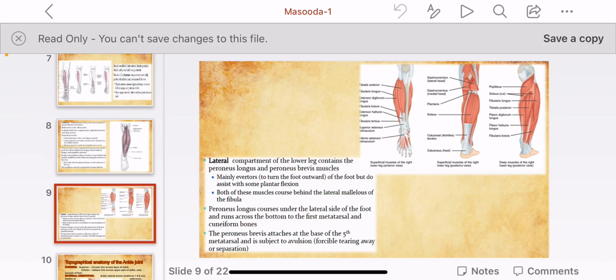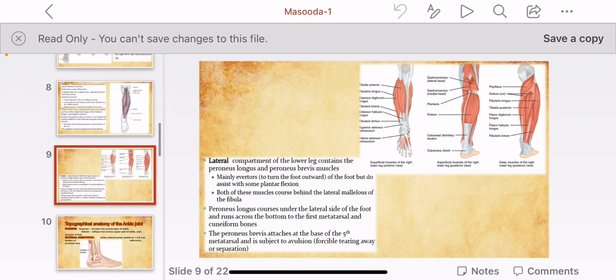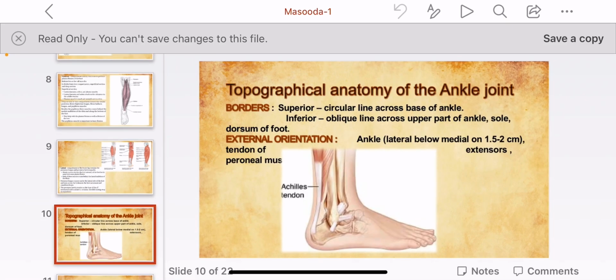Peroneus longus courses under the lateral side of the foot and runs across the bottom to the first metatarsal and cuneiform bones. The peroneus brevis attaches at the base of the fifth metatarsal and is subject to avulsion, forcible tearing away or separation.